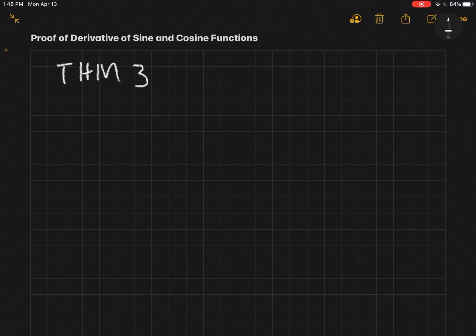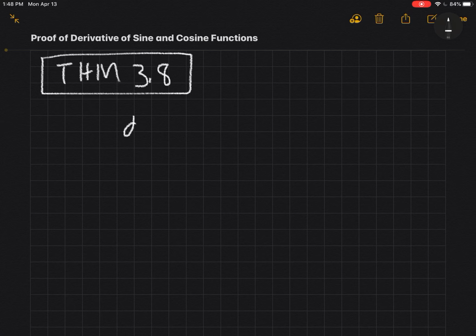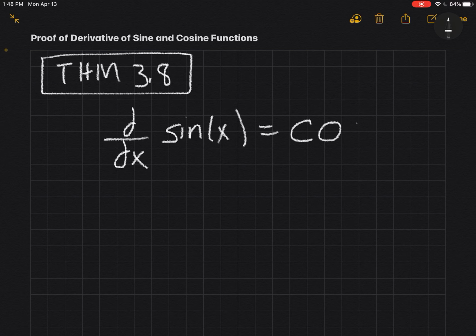This video we're going to start off with the derivative of the sine and cosine functions, and I'm going to prove for you how we get this. But just so you know, from your textbook we have theorem 3.8, and that gives us these two facts.